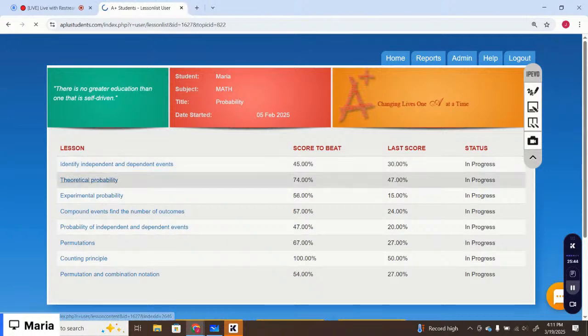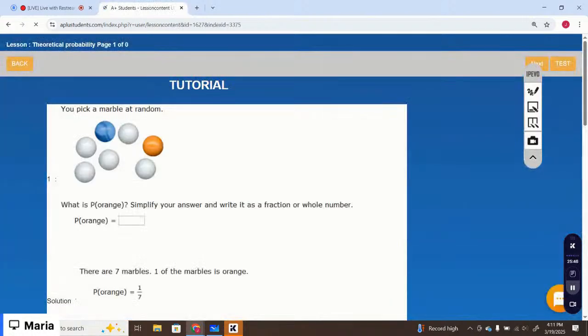The next lesson is theoretical probability. You pick a marble at random. What is the probability of orange? You have only one orange marble, and the total marbles are 1, 2, 3, 4, 5, 6, 7.